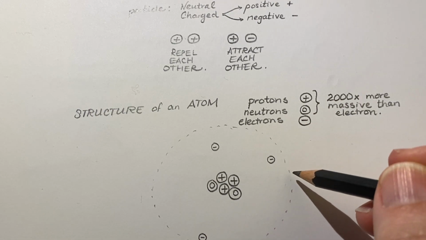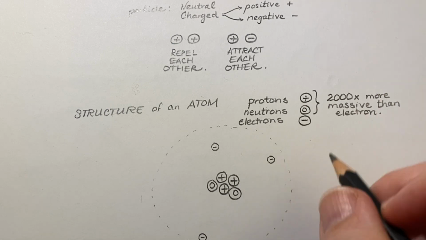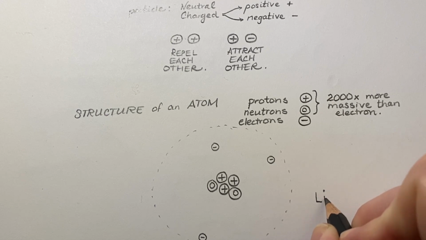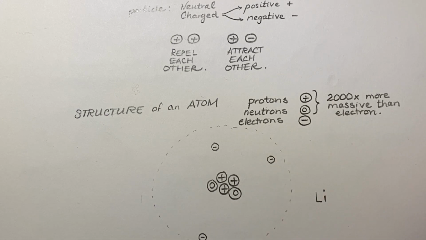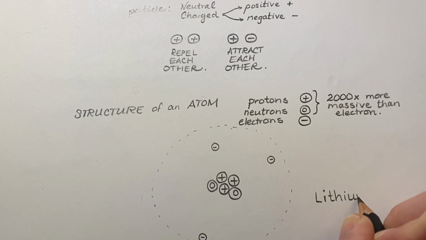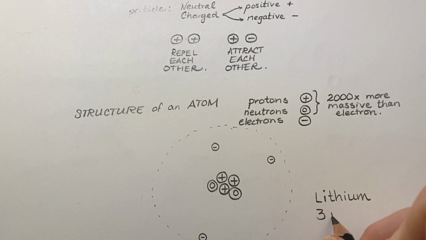Now it just so happens that this example I'm showing happens to be the element lithium. Okay, lithium, that's the symbol Li, but I'll write out the word here. Lithium. Okay, has 3 protons.